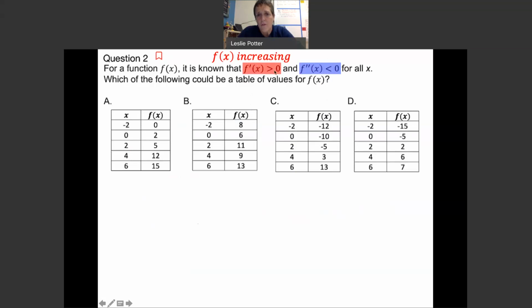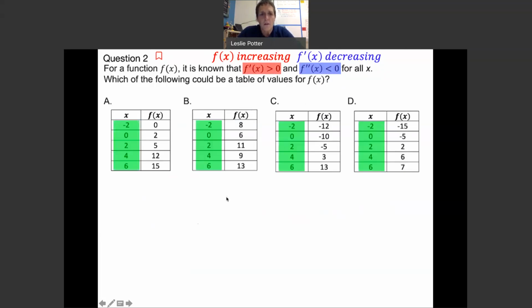Well, a positive first derivative says the function is increasing. And a negative second derivative says the derivative is decreasing, which also means that we're concave down. And so we need to take a look at what this means in terms of tables.